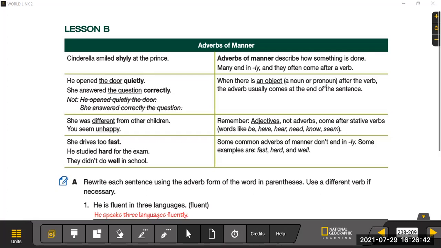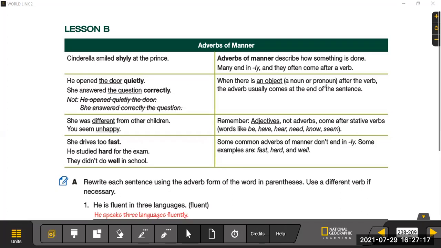Si yo voy a decir, él corre, yo puedo utilizar un adverb of manner para decir si él corre rápido, despacio, intermedio, whatever. Si yo voy a hablar de que ella habla bien el inglés, utilizo un adverb of manner para decir cómo ella habla inglés. Si yo voy a decir que él salta alto, o sea, de qué manera él salta, entonces yo utilizo un adverb of manner para decir cómo él salta, si alto, muy bajito o whatever.